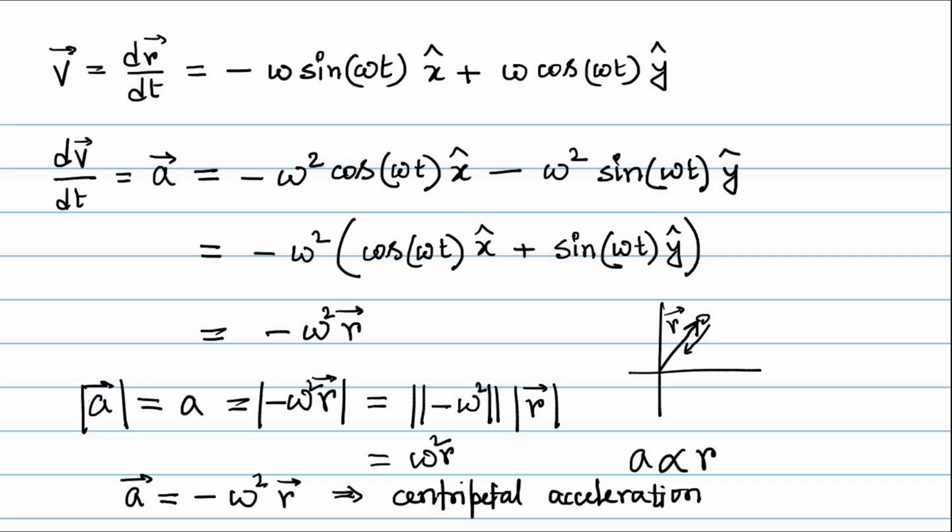So any particle that goes around at a constant speed around a circle will follow this equation of motion: acceleration equal to negative omega squared R, and that is the physical meaning. So that concludes the solution to number B.